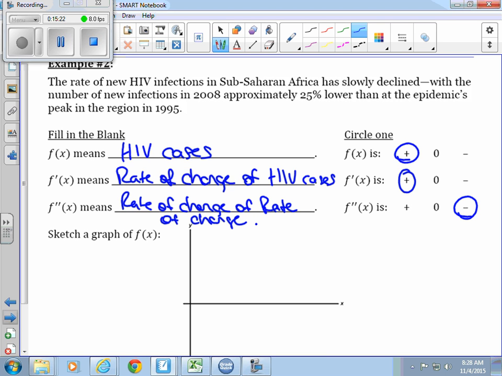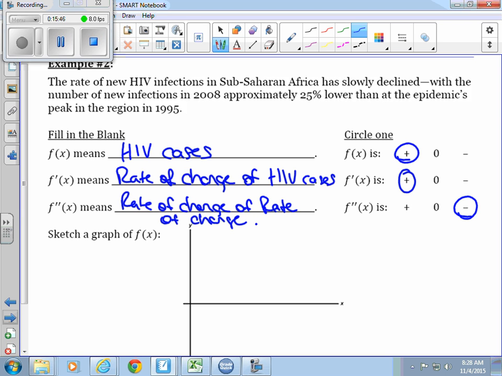Now, I do want to talk about a way that your answer could be correct in different ways. If you said that f of x was the new HIV cases, would that change the problem? Some people who work this problem label f of x differently and call it new HIV cases.